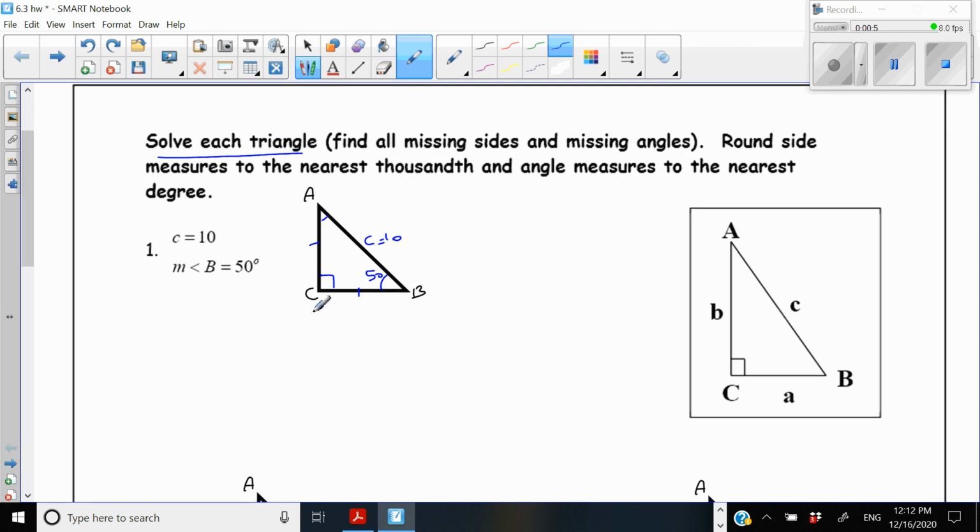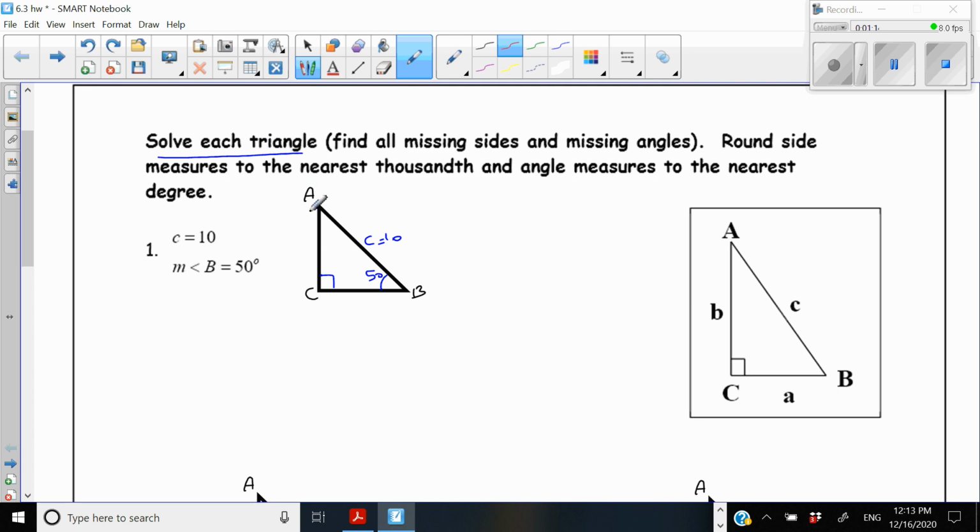Before starting to solve, let me remind you about how we name sides and angles of a triangle. If I have a triangle here, which is like ABC, we write the angles using capital letters, and the sides can be named using the small letters based on the angle opposite of that side.